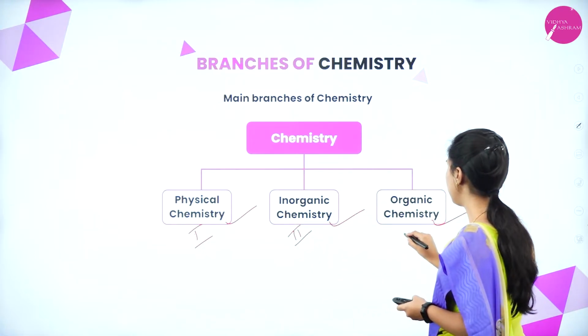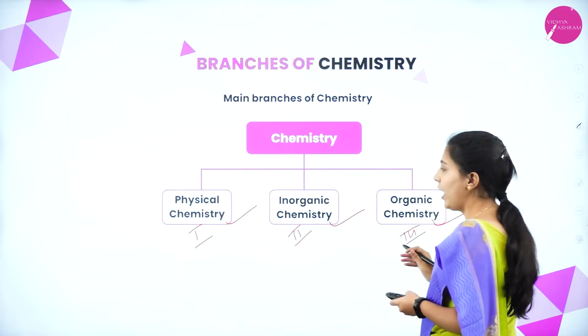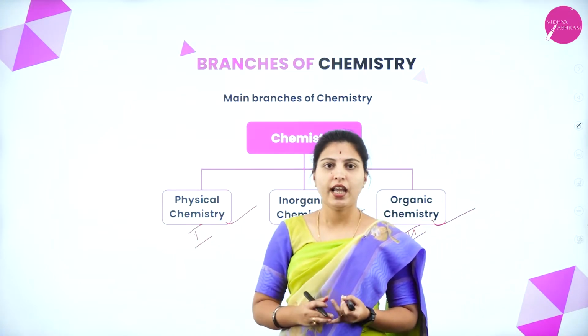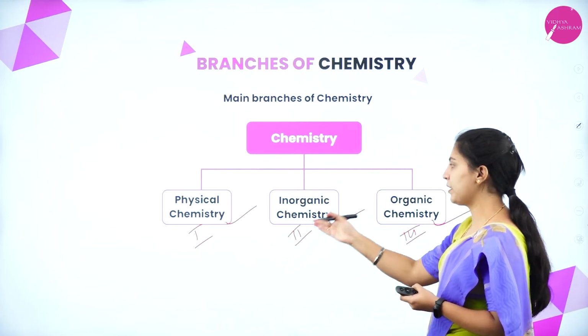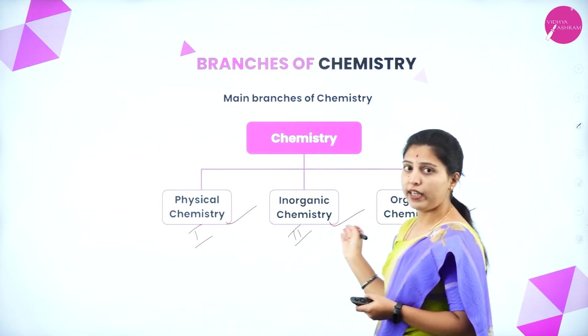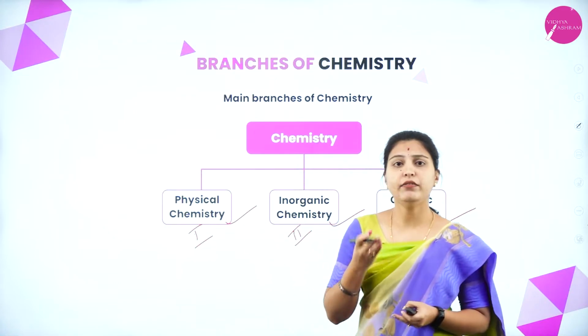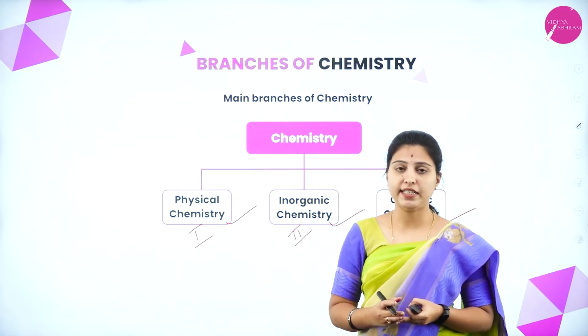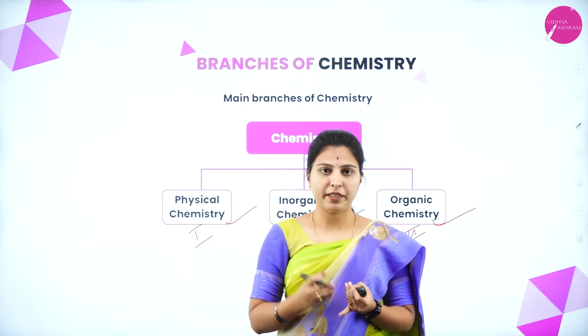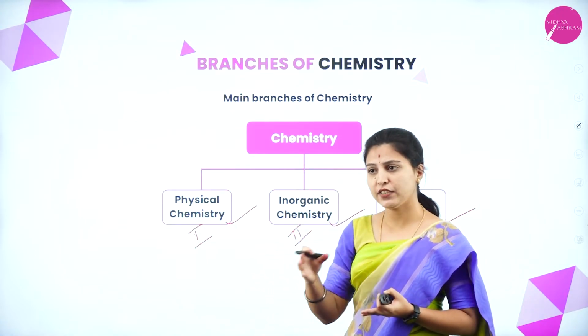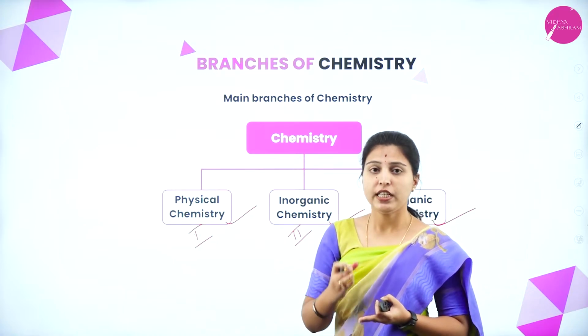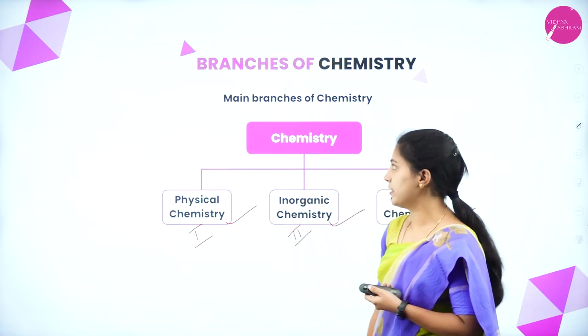Organic chemistry we will consider as group 3. Other than this, we have biochemistry and analytical chemistry. But for your syllabus, we will consider physical, inorganic and organic chemistry. And we call chemistry a general science because it includes mathematics, biology and physics also, and various other subjects too. That's why we call it general science.